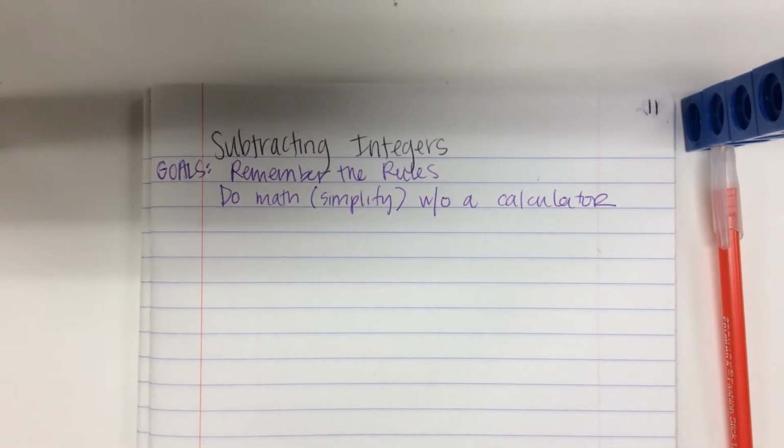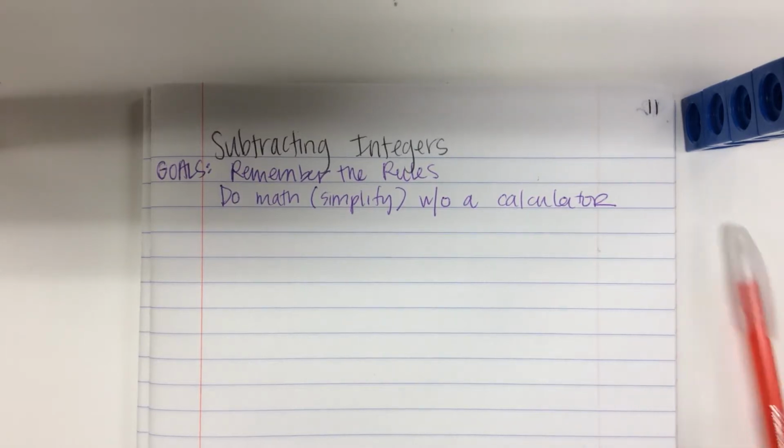If the signs are the same, find the sum, keep the sign. What was the other rule, Tyson? If the signs are different, find the difference, greatest distance. We're going to use those rules, but we're adding another rule today.